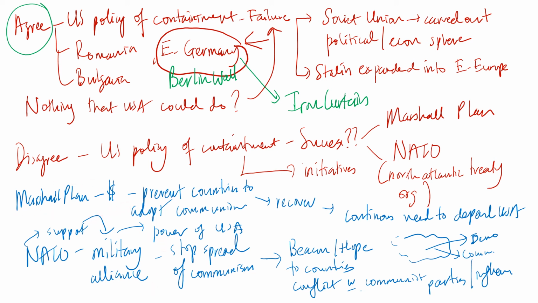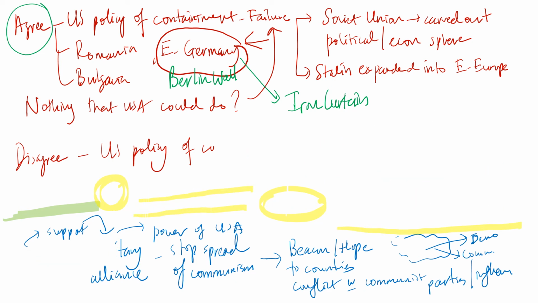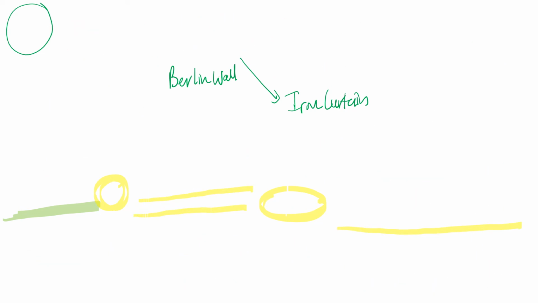You need to know a little bit about the Marshall Plan. Specifically, the Marshall Plan was meant to prevent countries from adopting communism by offering money. When countries recovered, they continued to depend on the USA. So obviously containment was a success.